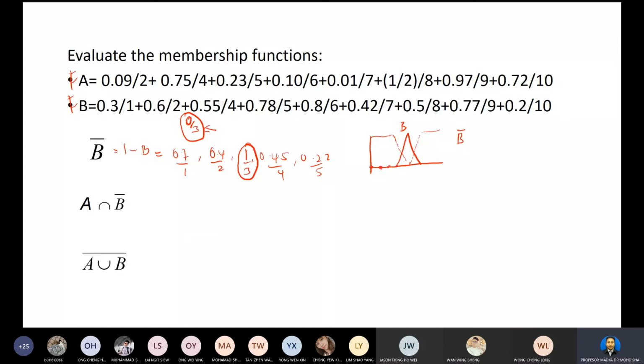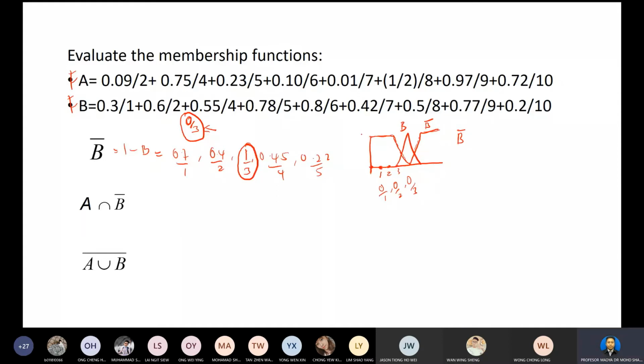That's why when we do the complement, this value exists. For example, this is sequence number 1, sequence number 2, sequence number 3. Sequence number 1 will be 0, sequence number 2 will be 0, for example. So for sequence number 3, when we do the complement, this value exists because of 1 minus 0. That's why we can get the answer 1. This is the complement of B.